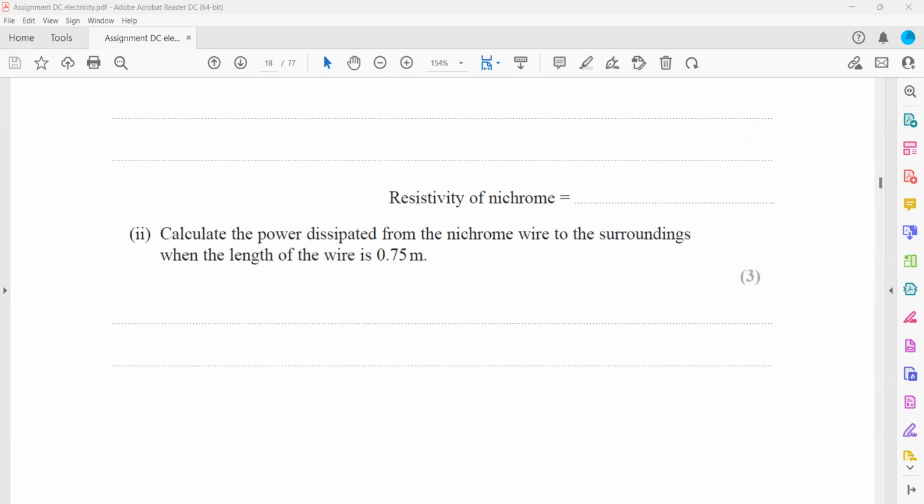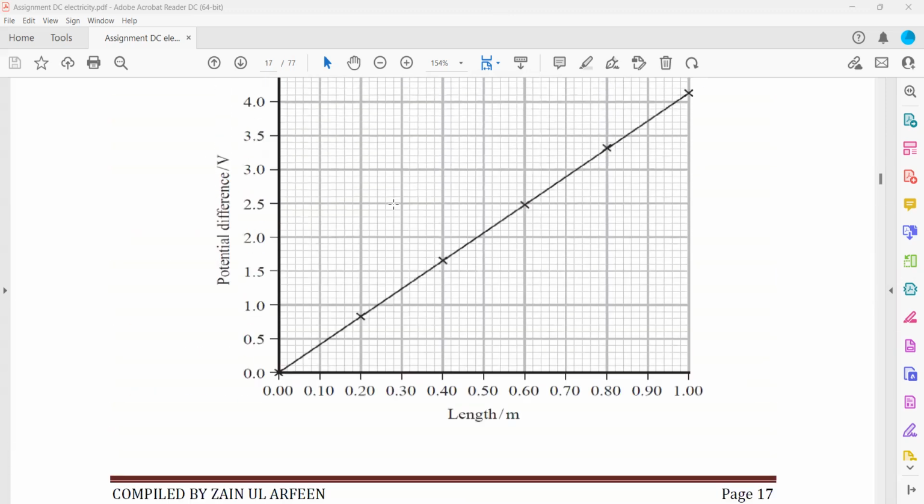P is equal to I square R, P is equal to V square over R. So first we'll use P is equal to VI. The current does not change when we want to know how much power is dissipated at 0.75 meter. So using the graph, 0.75 meter.